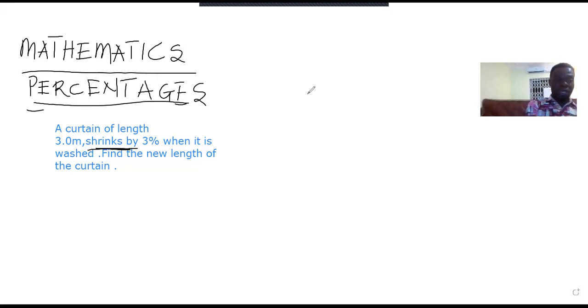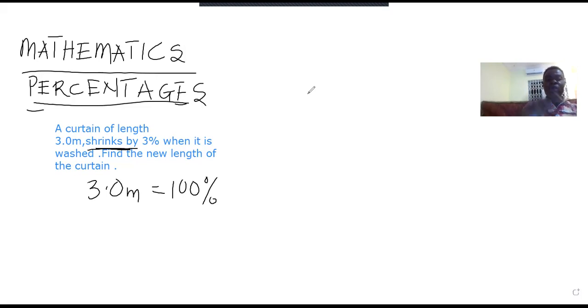Now, the new length of the curtain. This time it is under percentage decrease.